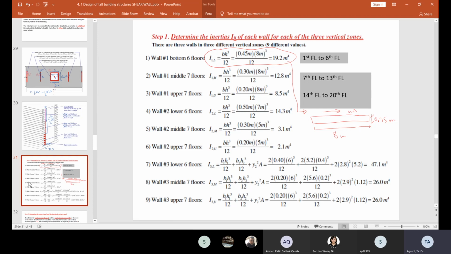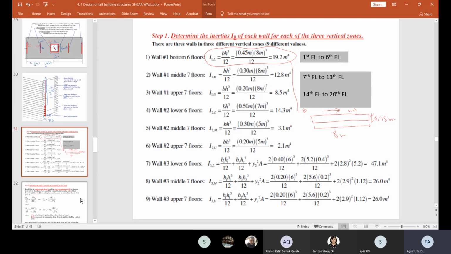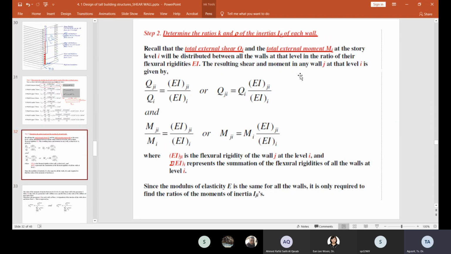Okay, so for the next slide, this one I explained to you previously. In this slide we need to know the moment and also shear force at the certain level for the certain wall.